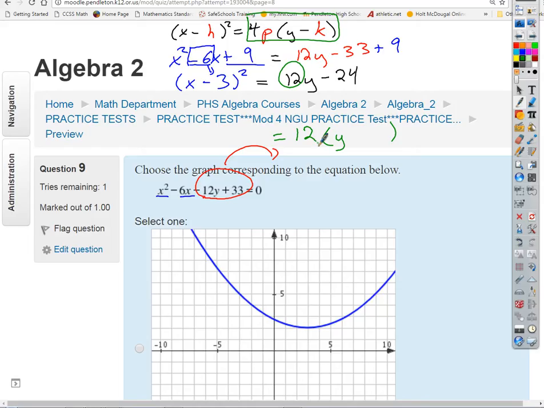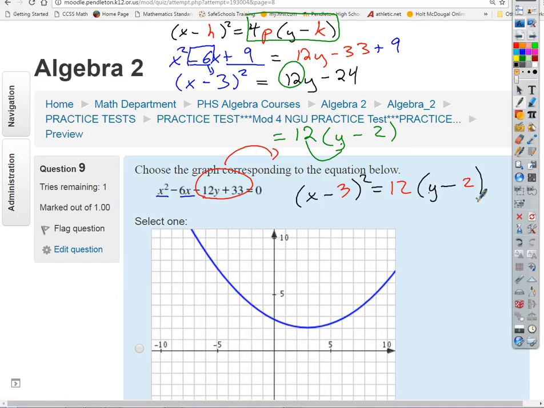If I undistribute a 12 from these two terms, I get y. 12 times y is 12y, but 12 times what is negative 24? Minus 2. Good. So my final answer then just looks like x minus 3 squared equals 12 times y minus 2, right?